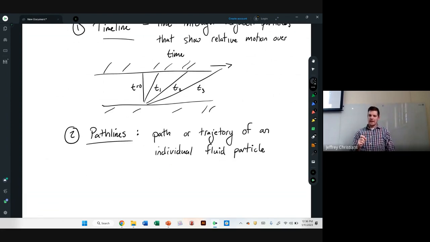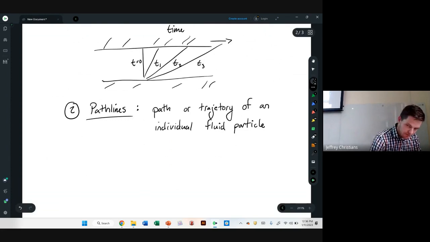Essentially what we're trying to do is watch, imagine a long exposure of car headlights. You're watching the entire path that car traveled. So you're watching an individual car, the path that it is traveling.